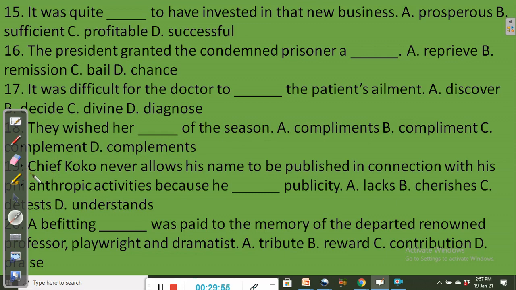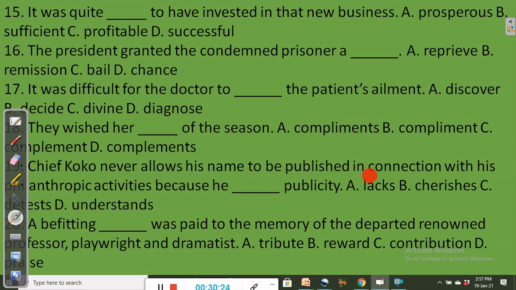Question number 19. Chief Coco never allows his name to be published in connection with his philanthropic activities because he dash publicity. A. Lacks. B. Cherishes. C. Detests. D. Understands. Now we can look at the actual semantic interpretation of the sentence.